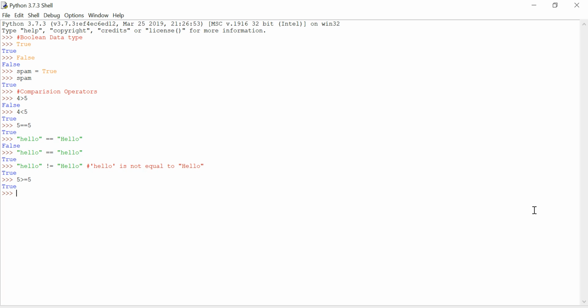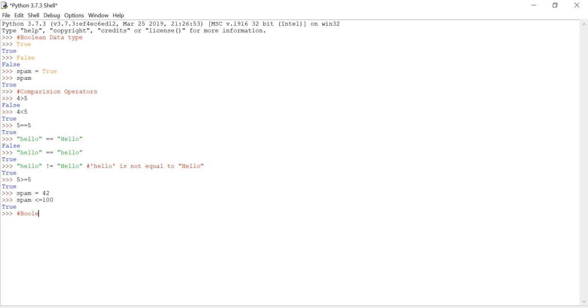So this was the greater than or equal to sign. If I have a variable that has been assigned 42, for example, and I want to see whether spam is less than or equal to 100, it would evaluate to True because spam has been saved with the value of 42.